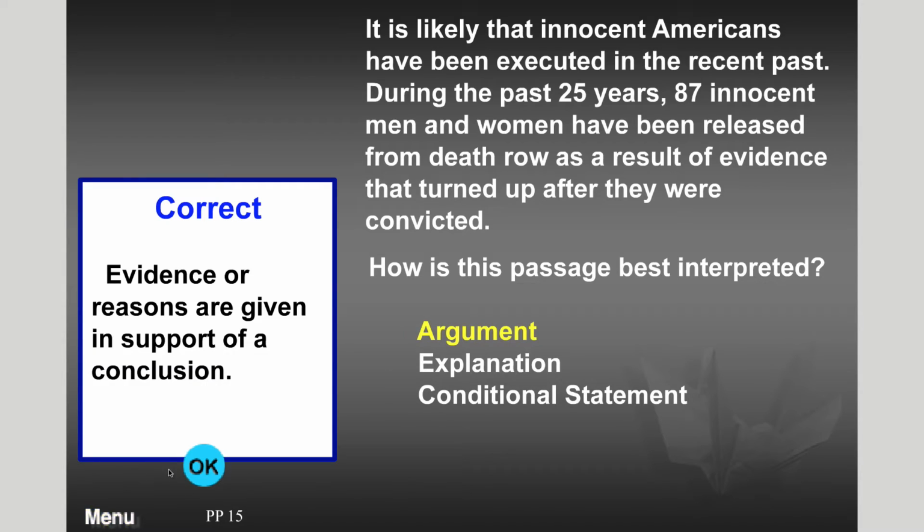It is indeed an argument, right? Evidence or reasons are given in support of a conclusion. It is likely that innocent Americans have been executed in the recent past. Why? During the last 25 years, 87 innocent men and women have been released. In fact, the number is much higher than this, from death row as a result of evidence that turned up after they were convicted. Okay?